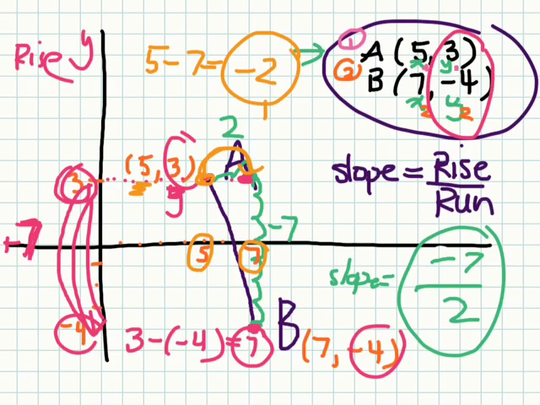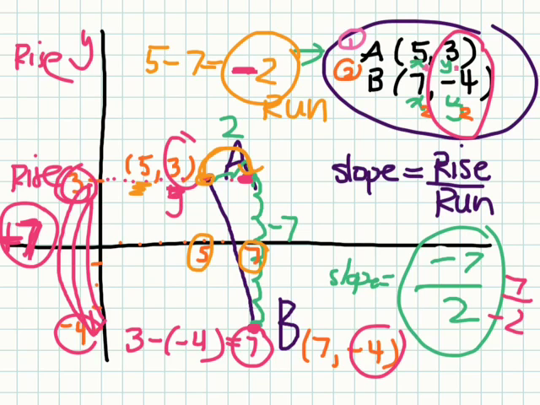So here I have a run of -2 and a rise of positive 7. A positive and negative make a negative, right? So would you agree that -7/2 is the same as positive 7 over -2? Are these equal? Is it the same thing?